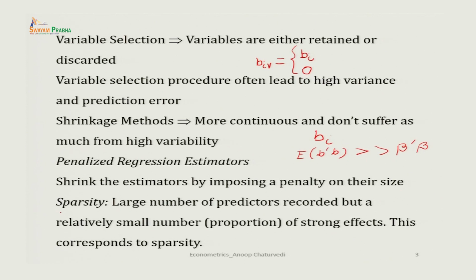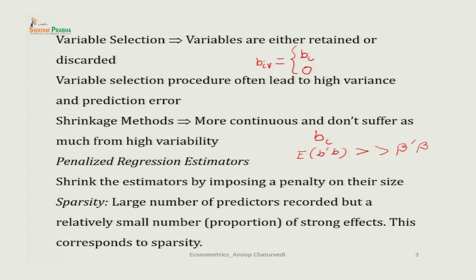Now, we consider the problem of sparsity. By sparsity, we mean a large number of predictors recorded, but a relatively small number or proportion of strong effects.